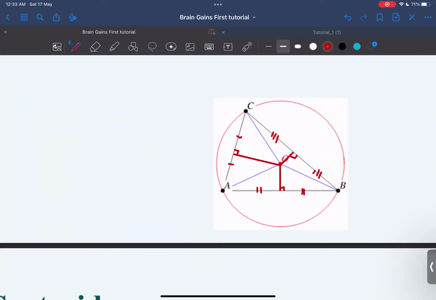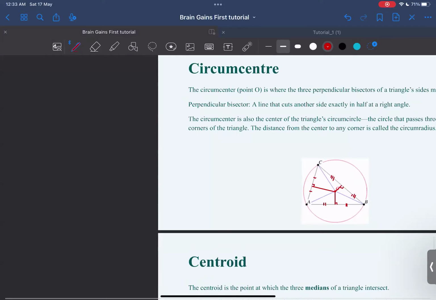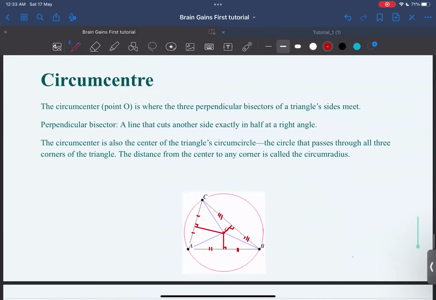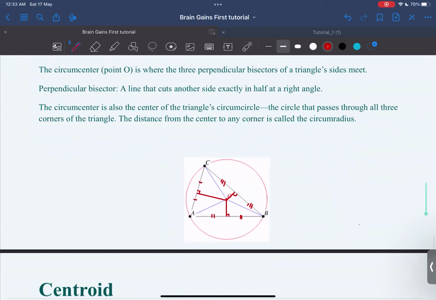And funnily enough, these three lines also are concurrent, meaning they meet at the same point. This point, which is labeled O, is referred to as the circumcenter, and the circumcenter is also the center of a triangle's circumcircle.